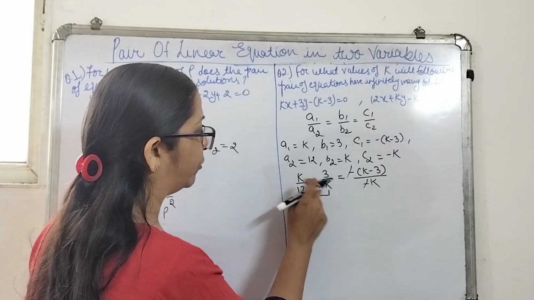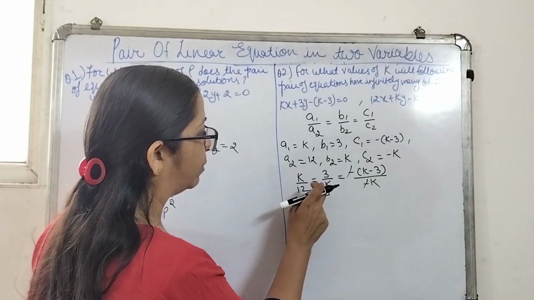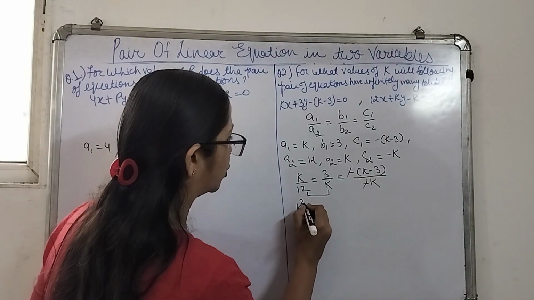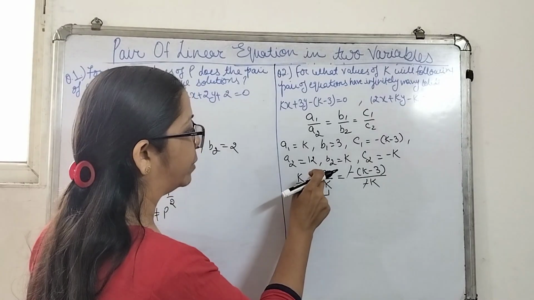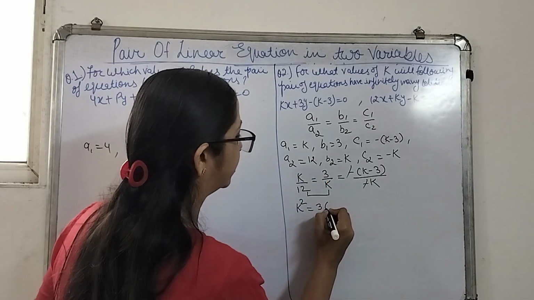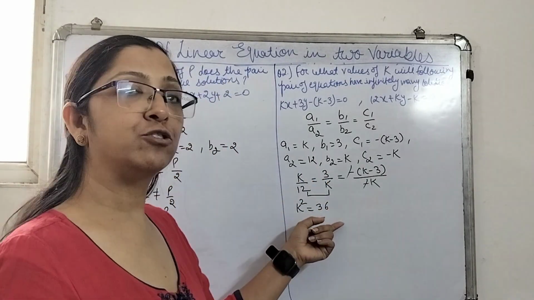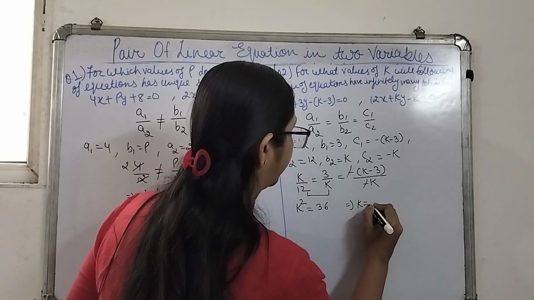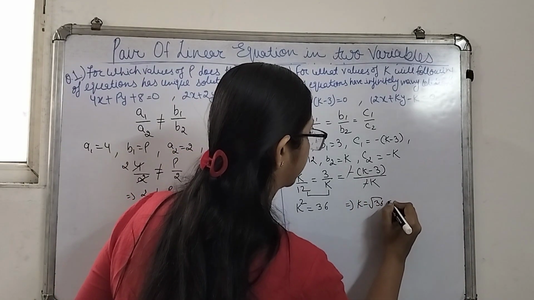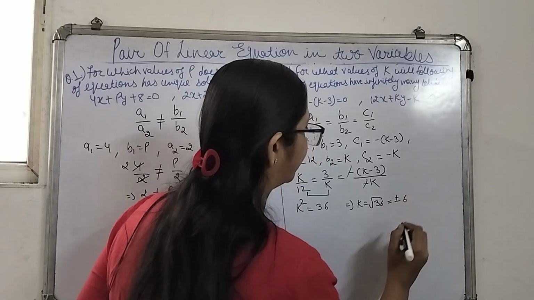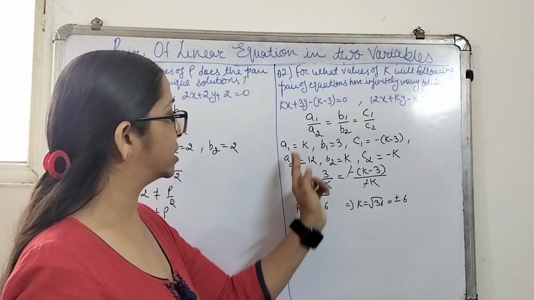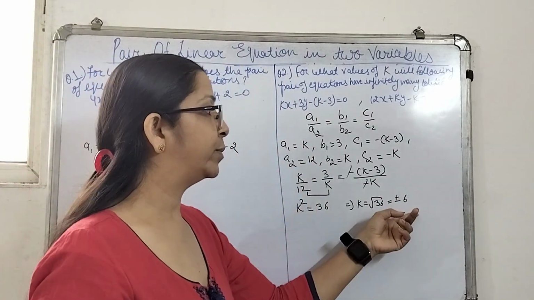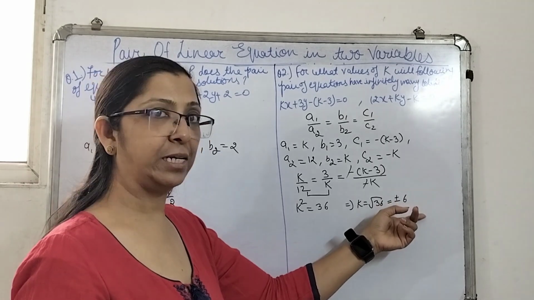If we cross multiply, k multiplied by k becomes k square, equivalent to 12 multiplied by 3, that is 36. The value of k should be the square root of 36, or plus minus 6. So from this first condition, the value of k could be either plus 6 or minus 6.